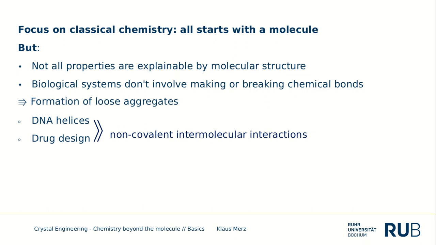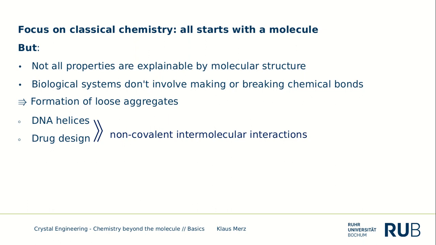Everything starts with a molecule. This is classical chemistry. As I said, not all properties are explainable by the molecular structure. This is the first thing. And the second thing, if we look in biological systems, well, what do you see?